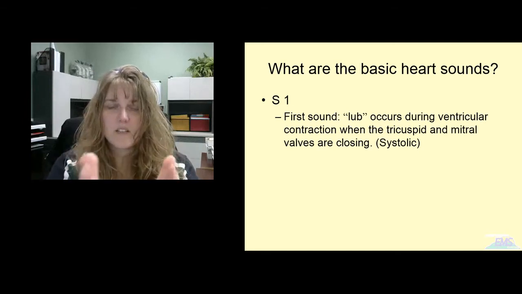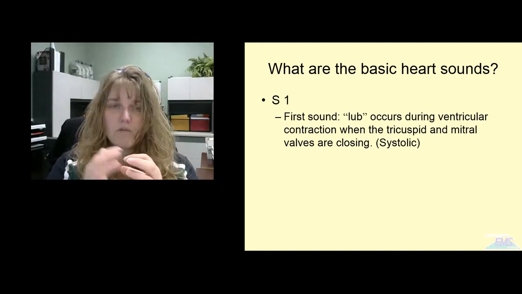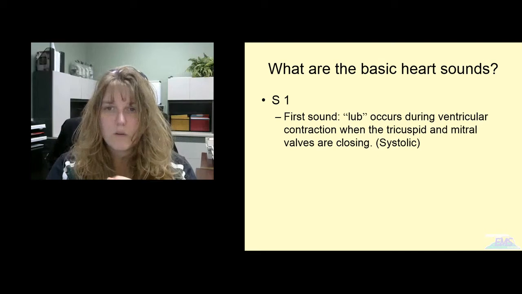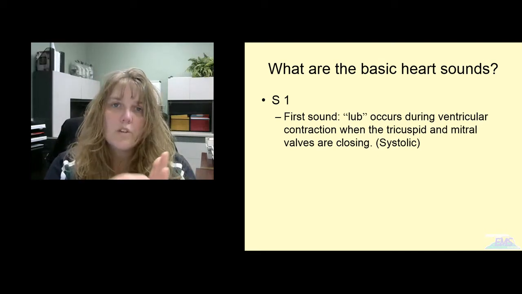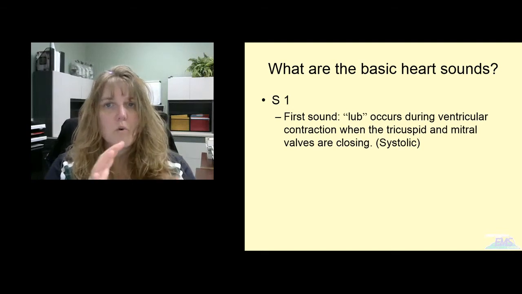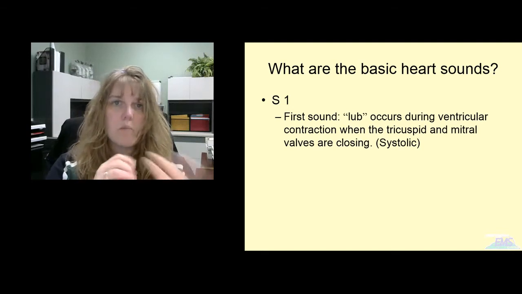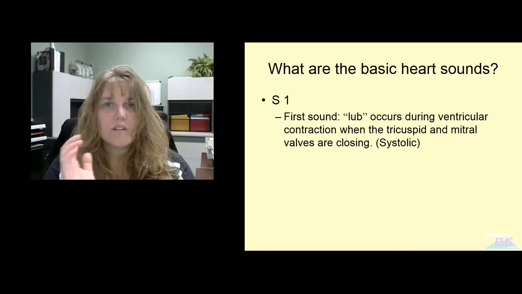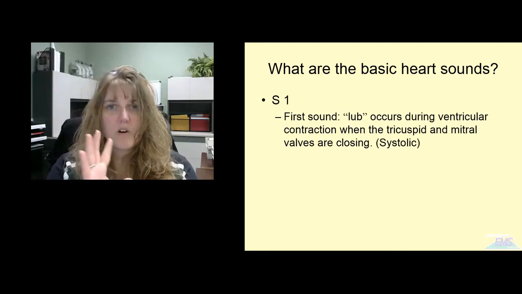There was a video that I watched that I really thought did a great job of trying to explain this. When you talk about heart sounds, they don't correlate with the contraction exactly, because you're hearing the sound after the action has occurred.